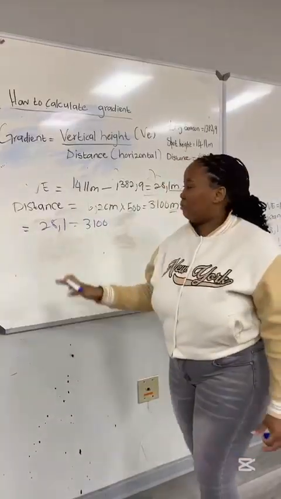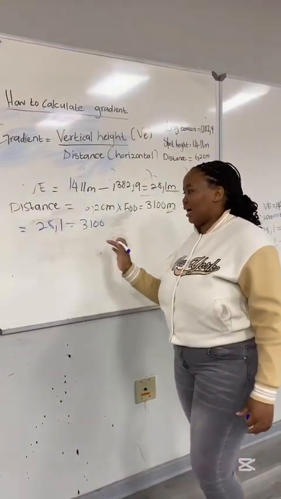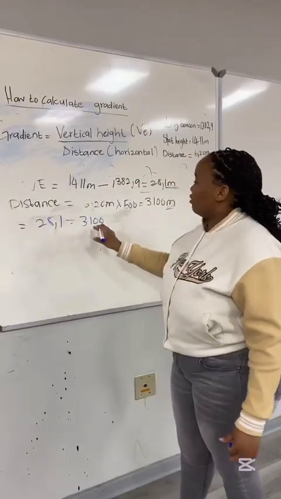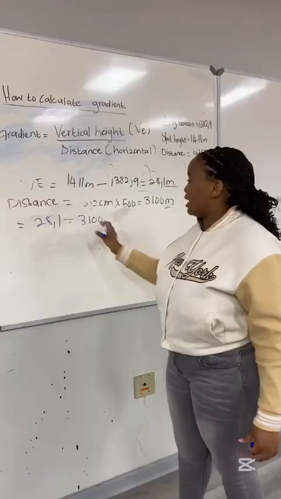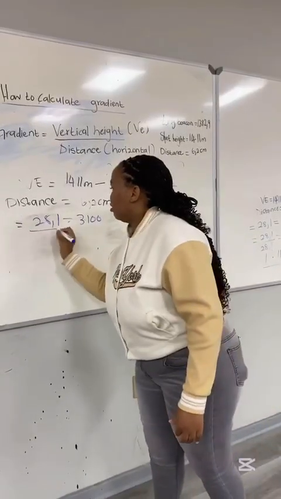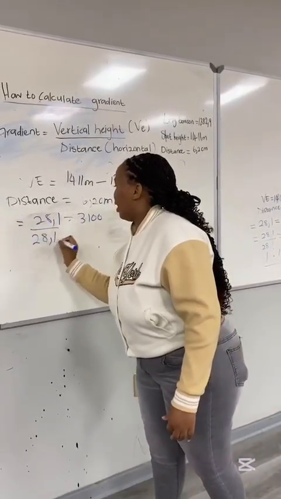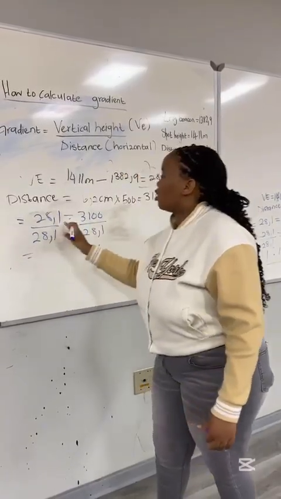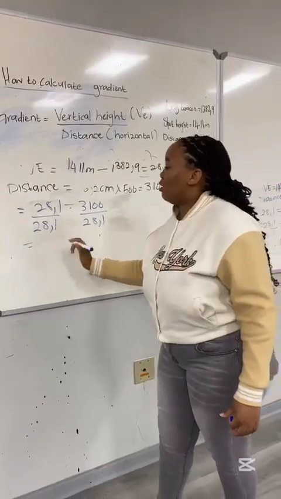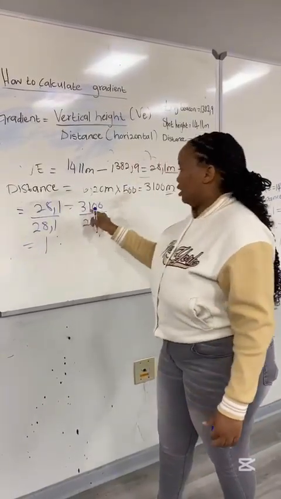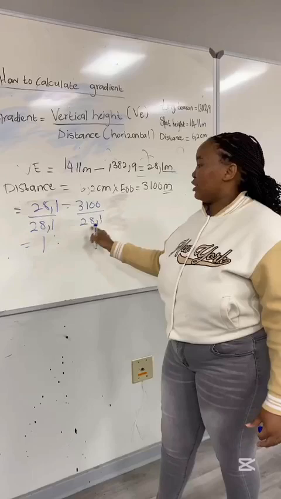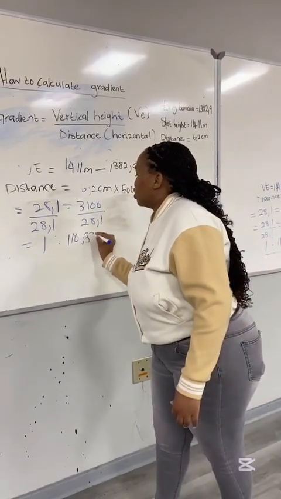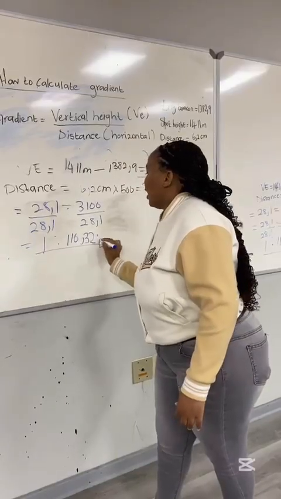You need to divide both by your vertical height, 28.1. So 28.1 divided by 28.1 is equal to 1, and then 3,100 divided by 28.1 is equal to 110.32. That is your answer.